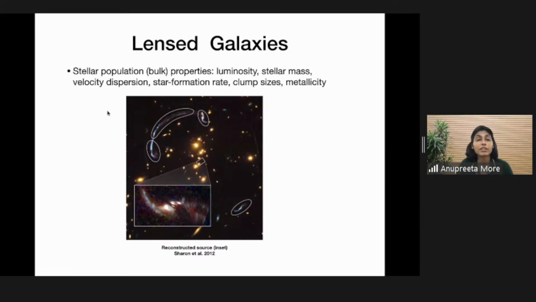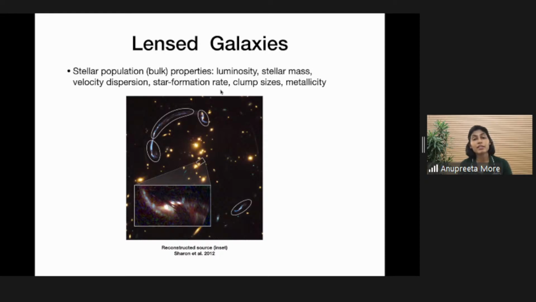The kind of things that we can study from these distant galaxies are their stellar population properties, for example, their luminosities, stellar masses, the formation rate of stars in these systems, how much metallicity is there in these galaxies.